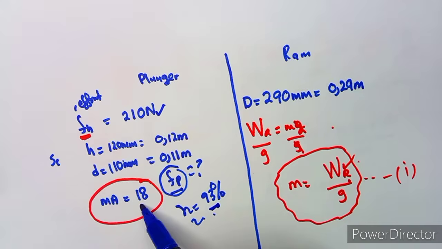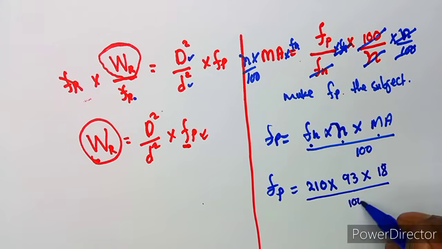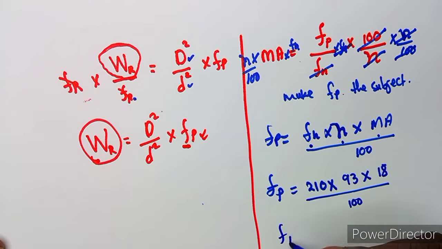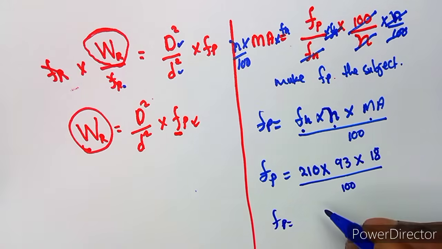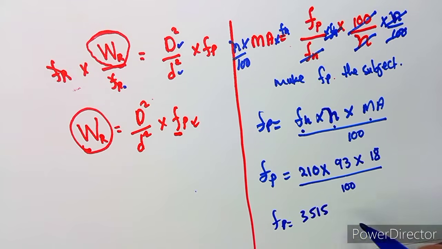And the mechanical advantage that you have here of 18, all over 100, like that. You can simplify this using your calculator, and that's going to be 3515.4, something like that.